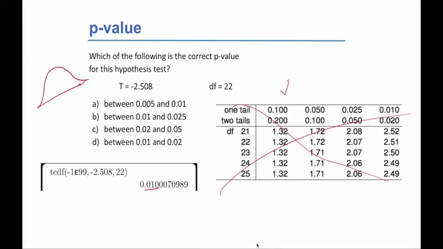So if you do your p-values using a table, you don't get an exact value, you get a range of values, which is why the answer choices are that. But we're going to use the calculator, and that gives us an exact value, right? And so we're looking for the lower tail of this distribution. That's what your sketch is going to look like.